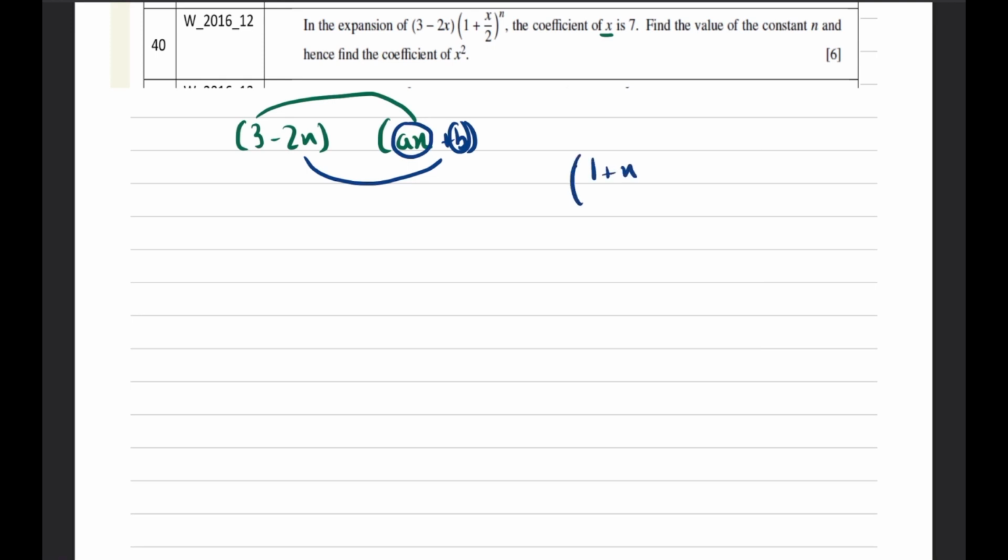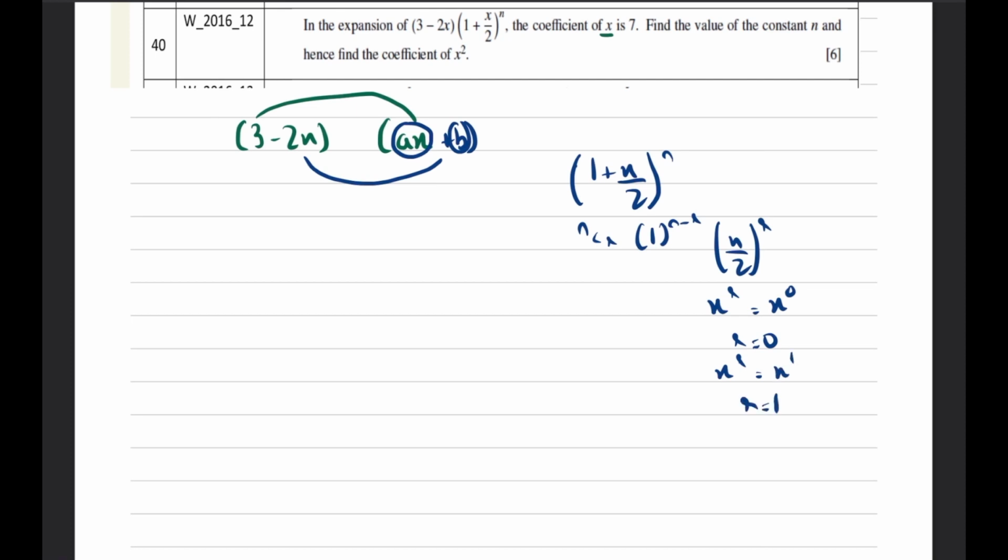(1 plus x upon 2) power n. So nCr 1 power n minus r (x upon 2) power r. So x power is r. We need constant. So that means r is equal to 0. And the other x power is r and we need 1. So can I say r is equal to 1? Do you get this? Now, let's plug in. nC0, nC1.